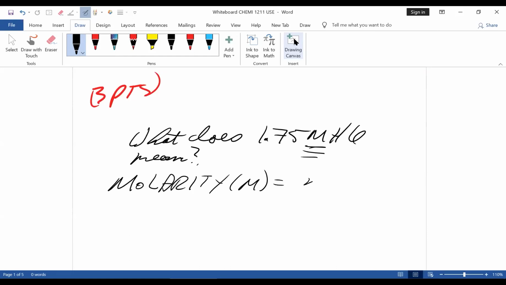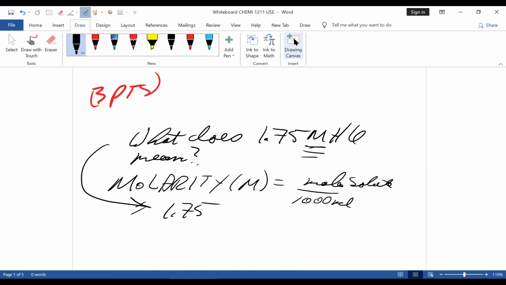And you should know that's moles per 1,000 milliliters, and that's solute. Therefore, what does this mean? It means 1.75 moles HCl per 1,000 milliliters.